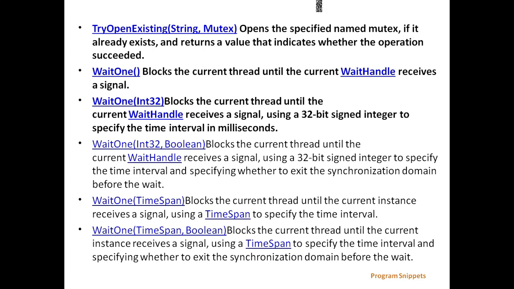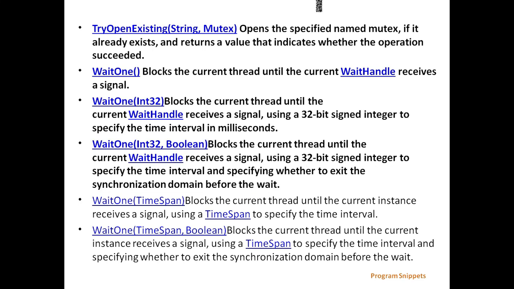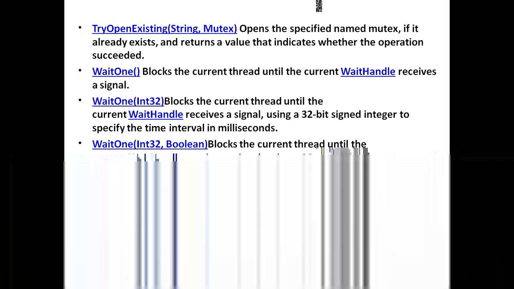WaitOne method with integer parameter blocks the current thread until the current wait handle receives a signal, using a 32-bit signed integer to specify the time interval in milliseconds. WaitOne method with integer parameter and boolean parameter blocks the current thread until the current wait handle receives a signal, using a 32-bit signed integer to specify the time interval and specifying whether to exit the synchronization domain before the wait.